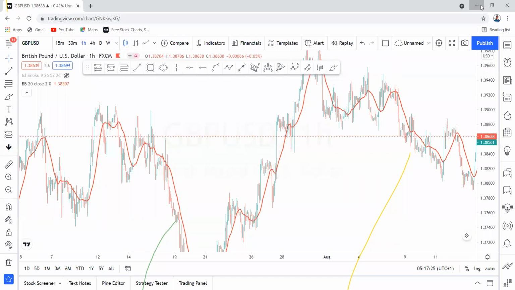So we said that when it comes to a bullish candlestick, the market opens below the close price. So it opens down here and closes above. This right here is the close price, while this is the open price.